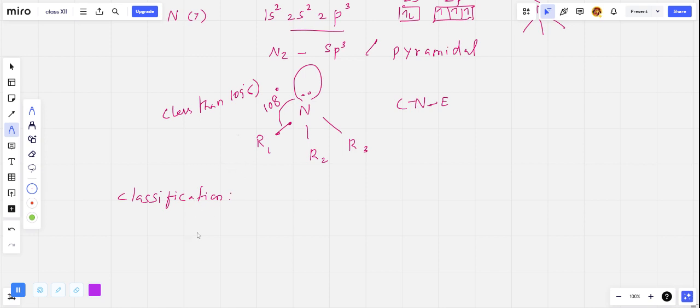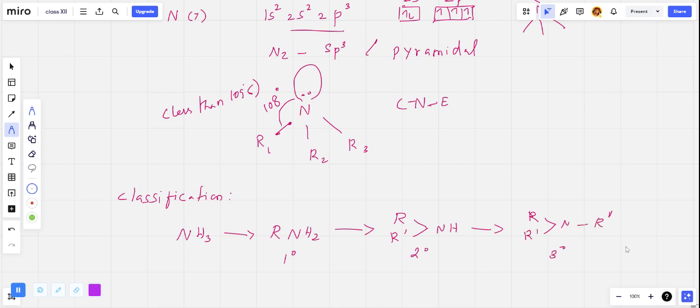If you take NH3, from this we get a primary amine, RNH2. Then we get R, R dash NH, which is secondary, and from this we get tertiary: R, R dash, N, R double dash.